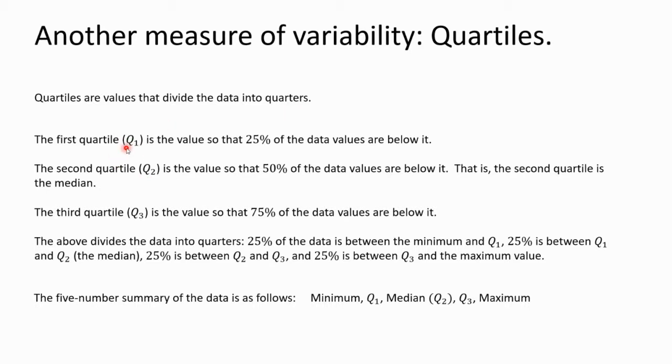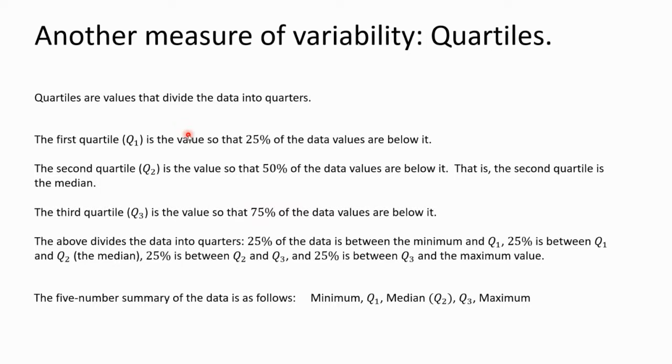These three numbers are used to break up the data into quarters. Namely, with Q1, 25% of the data is below it. Q2 is the median, which we have already seen: 50% of the data is below it, and 50% is above it. With Q3, the third quartile, 75% of the data is below it.